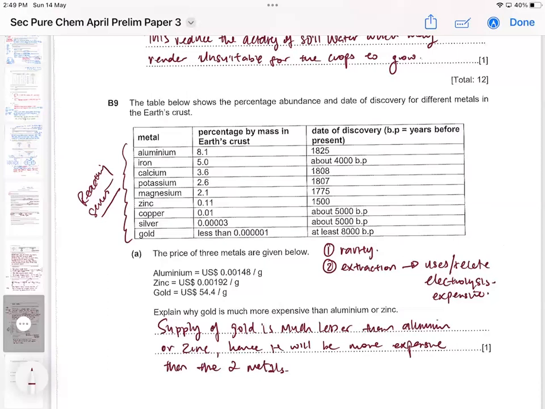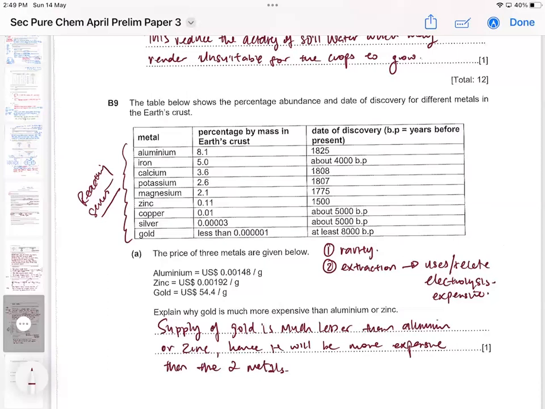That's why you see for potassium, calcium, all this, their years of discovery are quite close to each other. So probably they discovered electrolysis and started to use electrolysis to break down all these different ores. And they started to realize that we can actually get different metals from all these different ores.